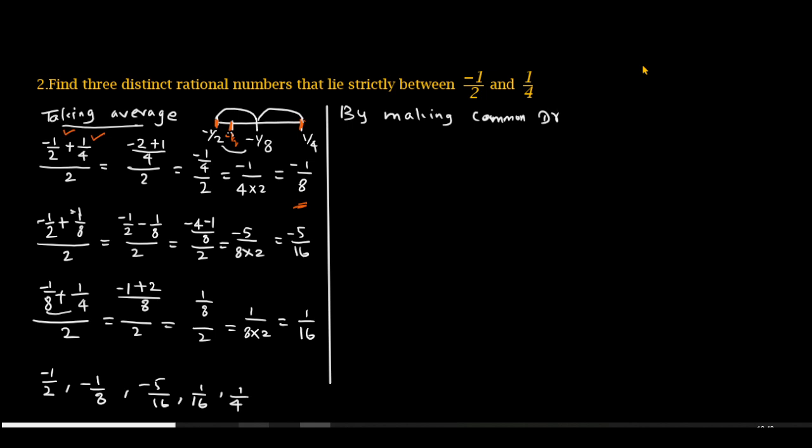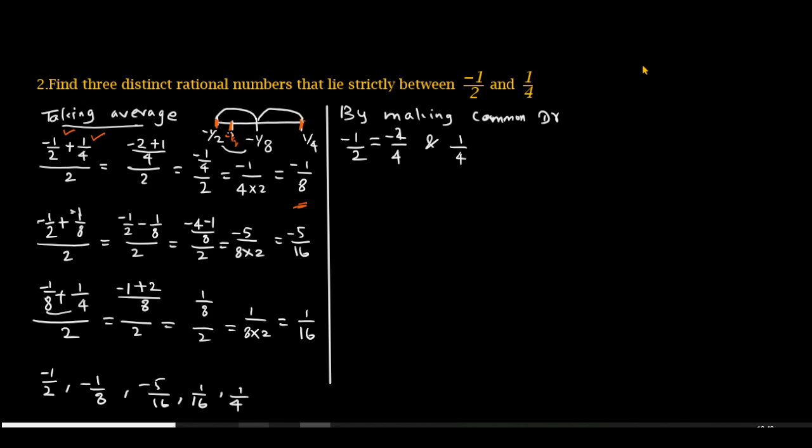The next method is by making a common denominator. Look at minus 1 by 2 and plus 1 by 4. Minus 1 by 2, we can find the equivalent for that: minus 2 by 4. Now these two, minus 2 by 4 and 1 by 4, both are like rationals.